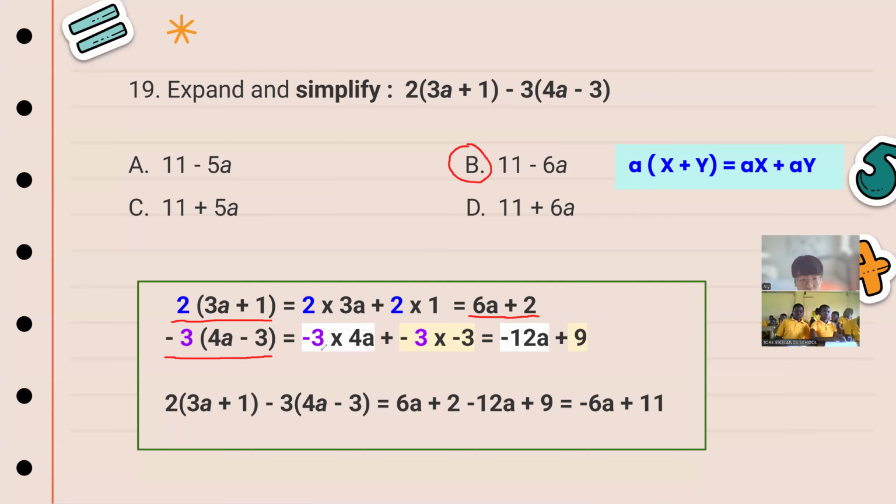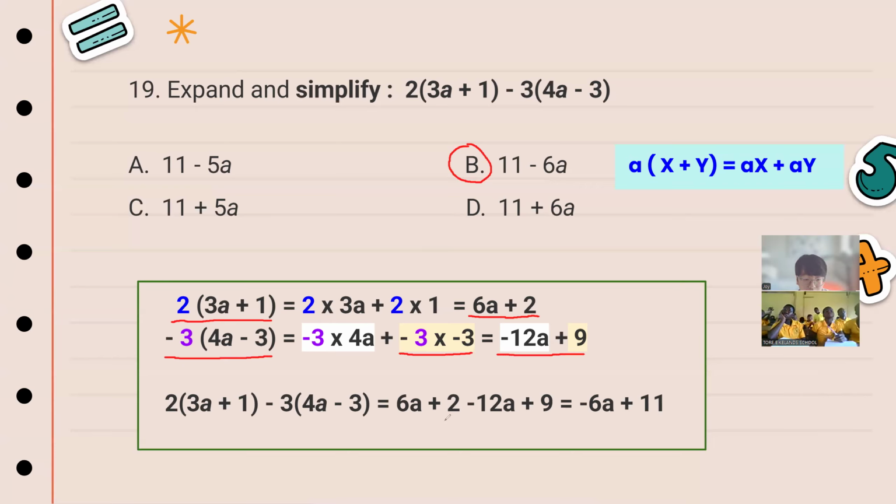Then we get negative 3 times 4a plus negative 3 times negative 3. Since there are two negatives, this becomes positive. This is important. That's why we have negative 12a plus 9, not minus 9.